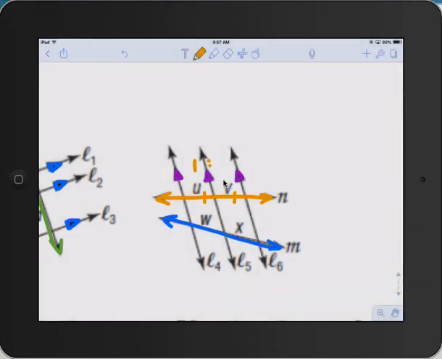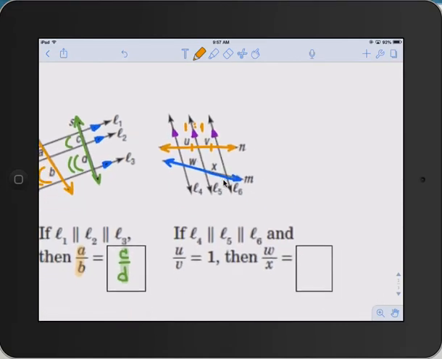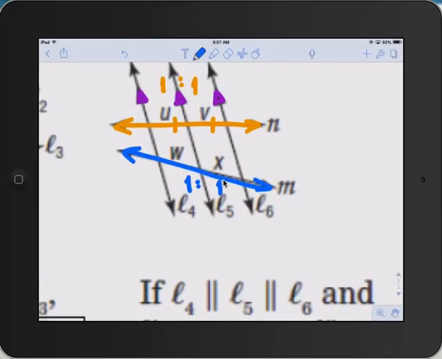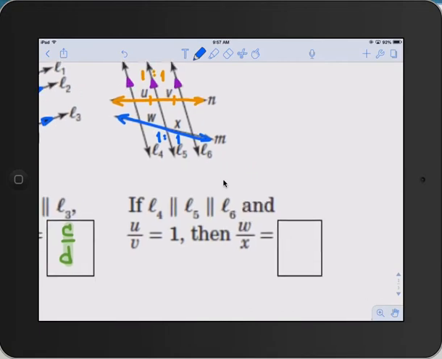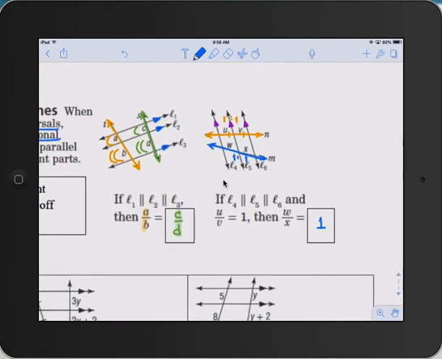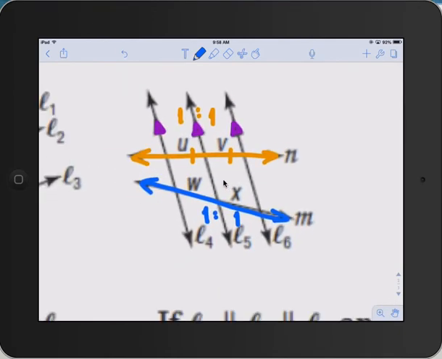If this is a 1-to-1 ratio, then that's going to force all the transversals that cut it to be in a 1-to-1 ratio. So that will also make this one a 1-to-1 ratio. So W compared to X would also equal 1. Now you want to make sure you understand it doesn't mean that they'll be congruent to the first group. It just means that they'll be 2 congruent segments on that transversal.